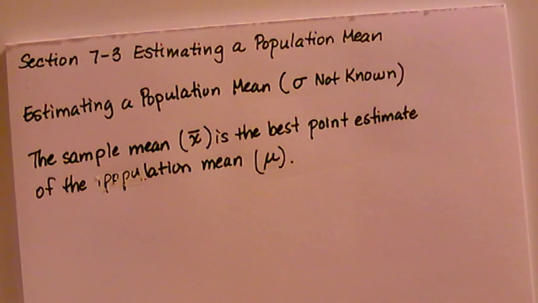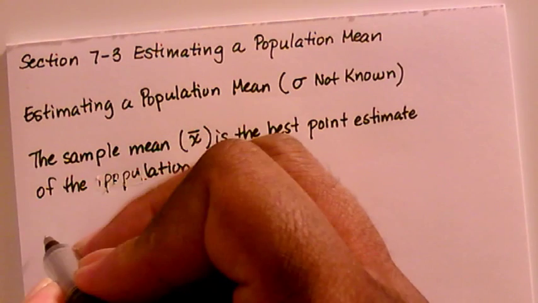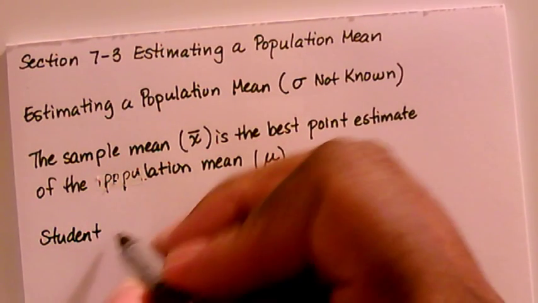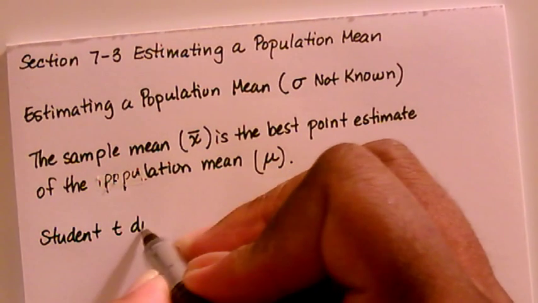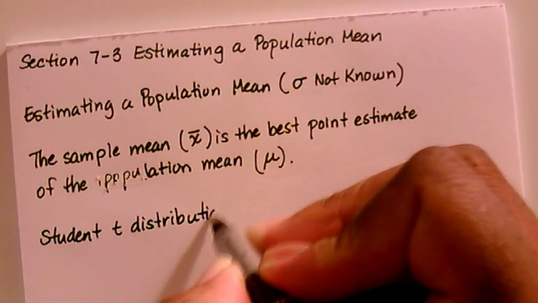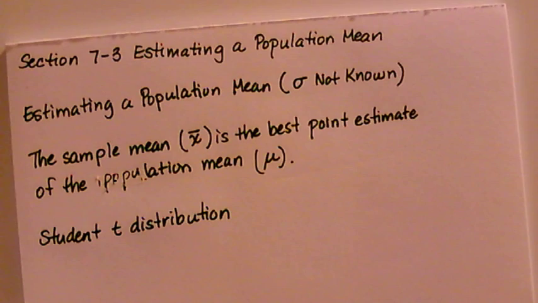Now, in this case, when we're dealing with an estimate of a population mean when the sigma is unknown, we're going to be using a different type of distribution, and that's called the student t distribution. Okay. Now, where did this come from?